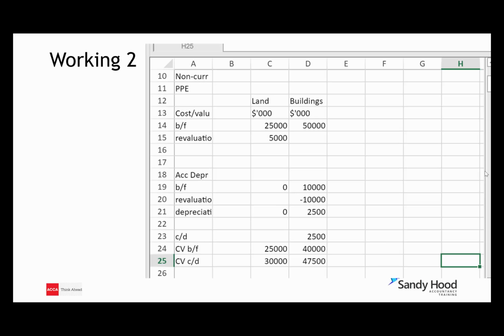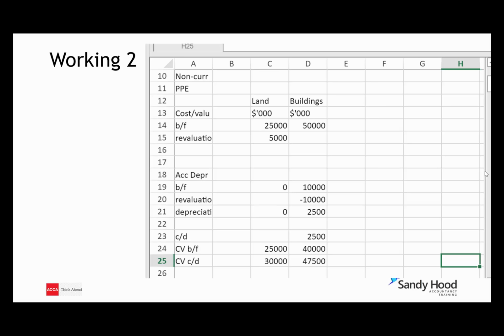The revaluation, well, land isn't depreciated, so because it's being revalued to 30,000, then the revaluation is going to be 5,000. And then within buildings, we've got some brought forward accumulated depreciation of 10,000, and at this stage we can see that the carrying value at the beginning of the year must have been 50,000 minus 10,000, in other words 40,000.